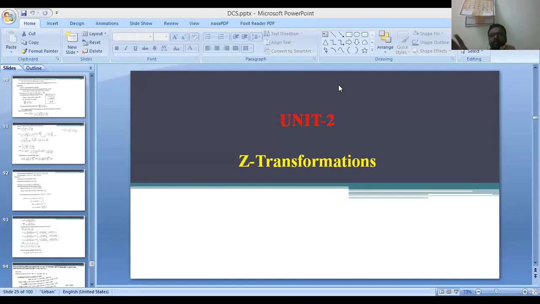After that, we have seen how to calculate the difference equation without the consideration of initial conditions, and later, with the consideration of initial conditions.